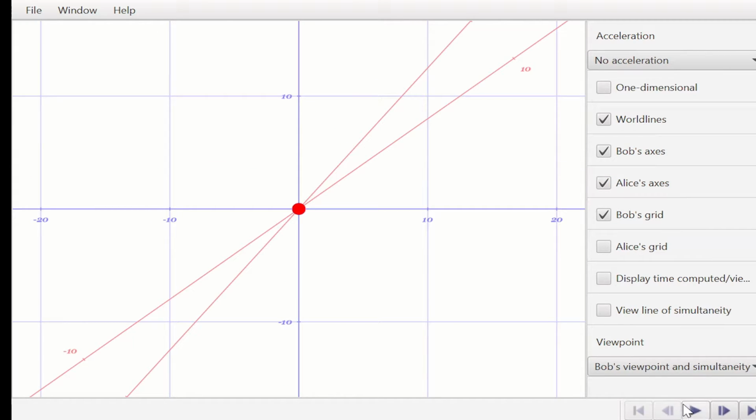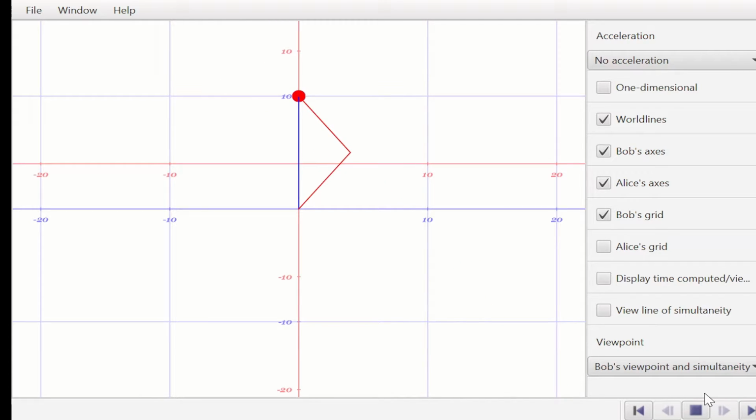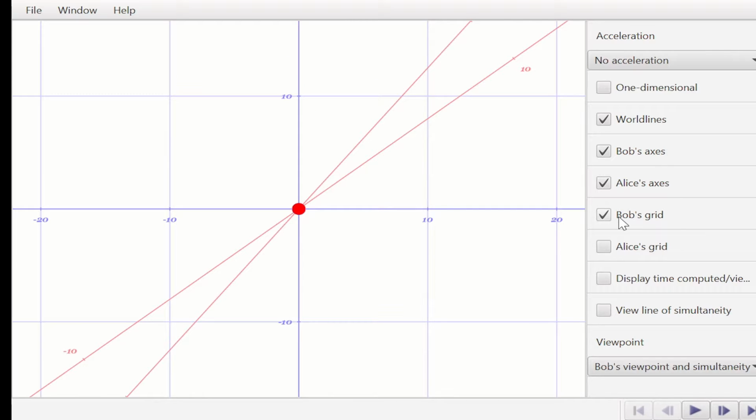Let's go back to the beginning, and we see that her axes are already tilted. So to start, she's going at one velocity, and now she's changing her frame of reference.